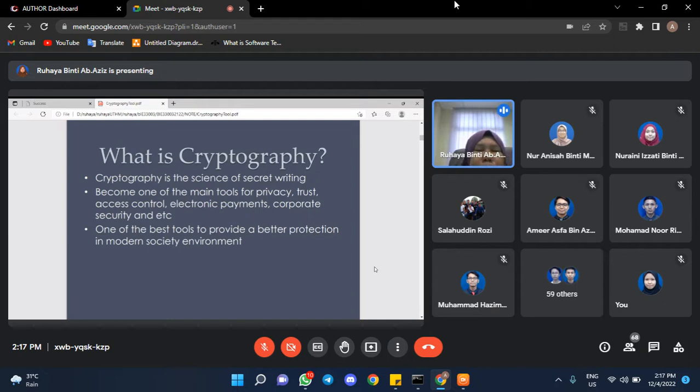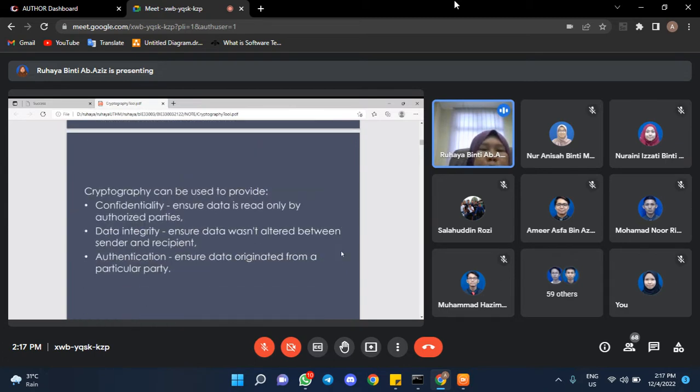This is one of the best tools to provide better protection in modern society environments. Cryptography can be used to provide, for example, confidentiality, to ensure data is read only by authorized parties. Like I said, it makes the message or the information that you are going to send to someone secret, so only an authorized person can read or access it.